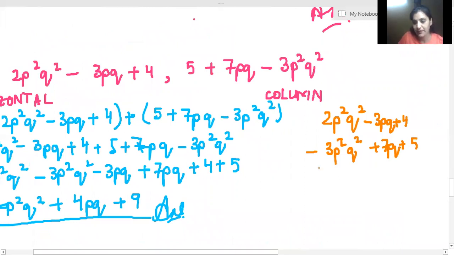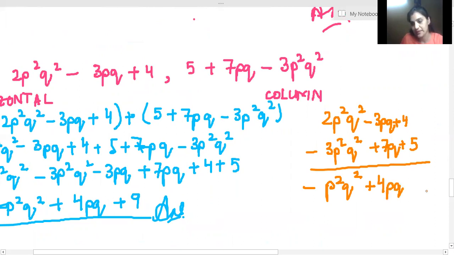Now we simply have to add, so there is no fuss, simply add them up. So it will be minus p square q square plus 4pq, right, plus 9. So it is the same answer. Yes ma'am. Okay, great. Let us now proceed on to our next question, the next part.